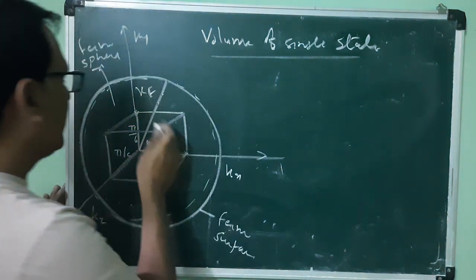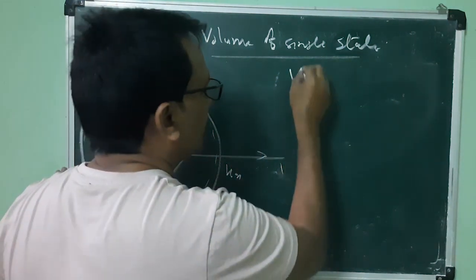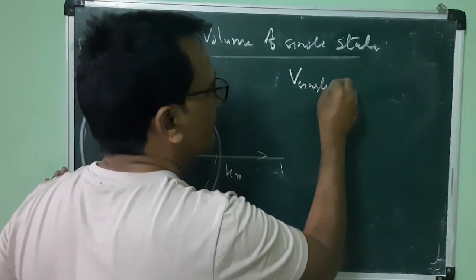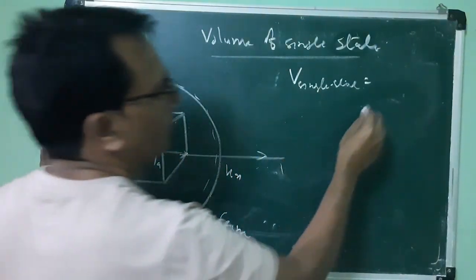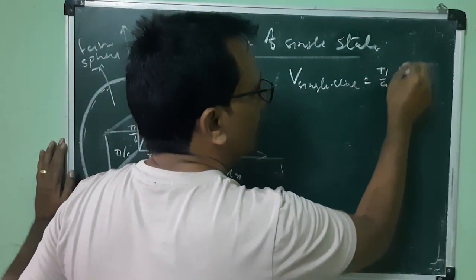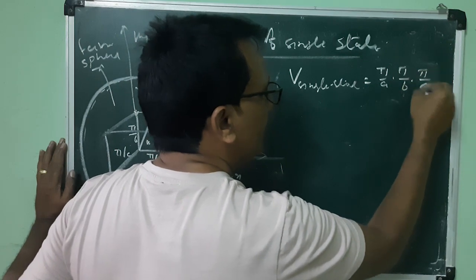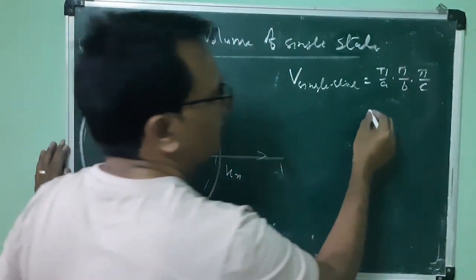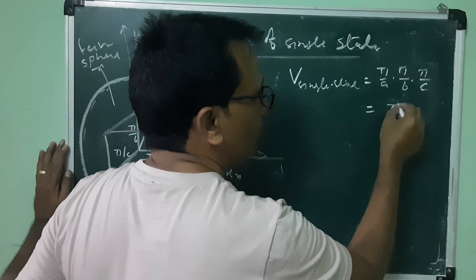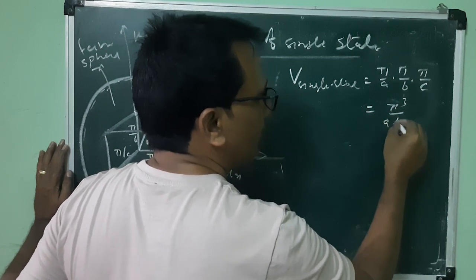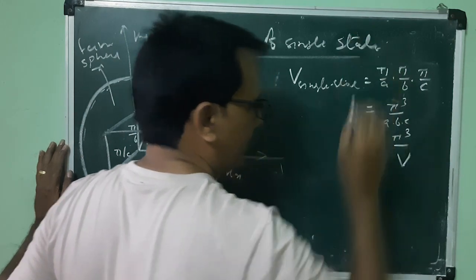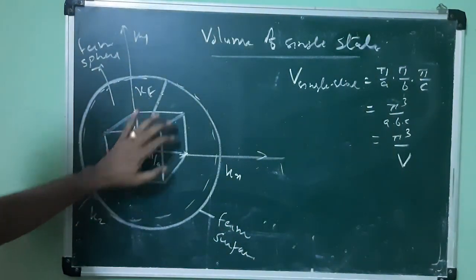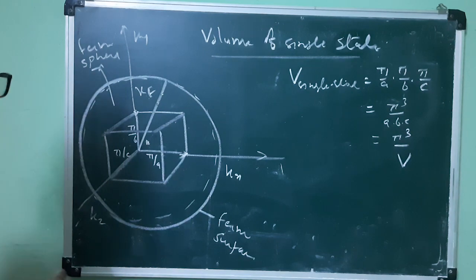So we can calculate the volume of this single state, that is V single state. It is equal to, the lengths are pi by A, pi by B, and pi by C. So the total volume is pi cube by A·B·C, and one can write this as pi cube by V. V is the size of the total volume of this space. So we can generalize this as V.